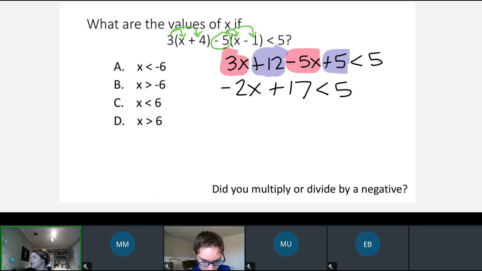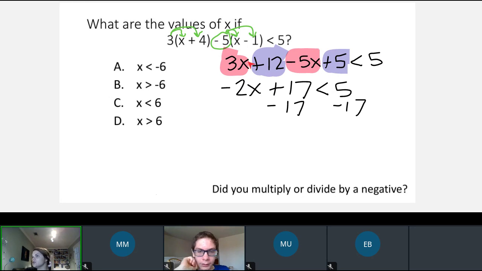Okay, I think you're right. That's okay. Alrighty, so then we are going to subtract 17. So Richard, do you see where you goofed yet? Did you get to this negative 2x plus 17 is less than 5? Did you get to that step? Not really.